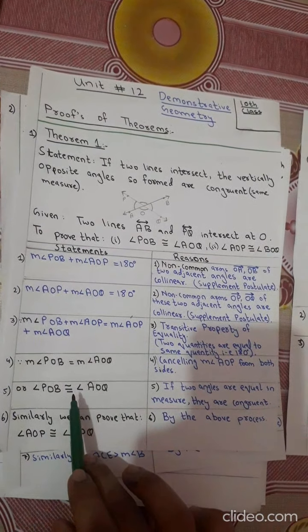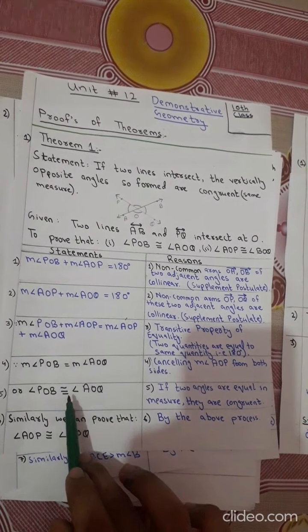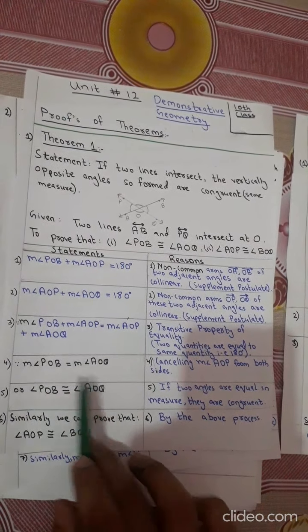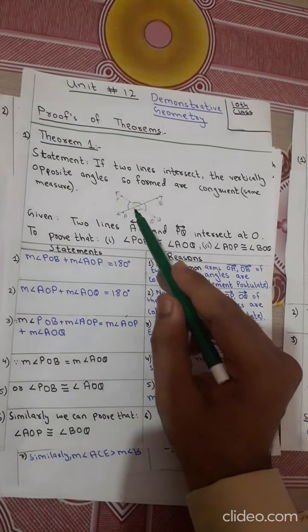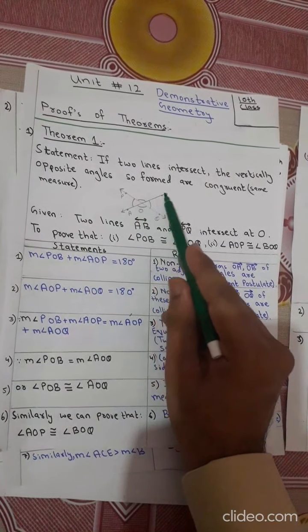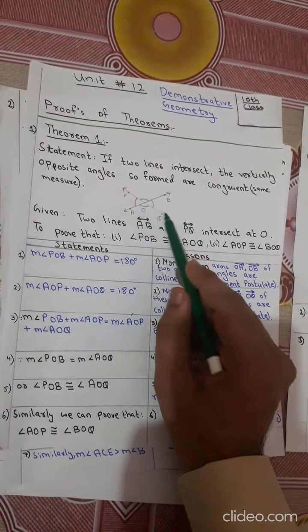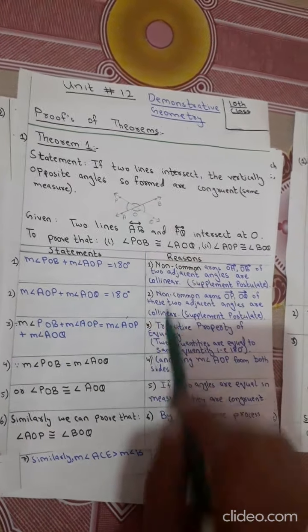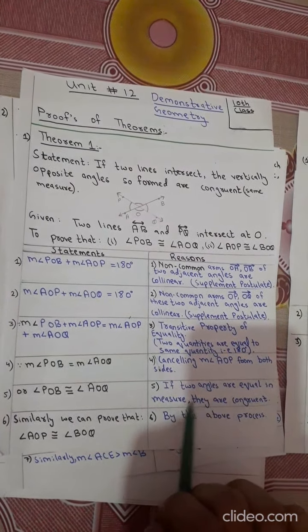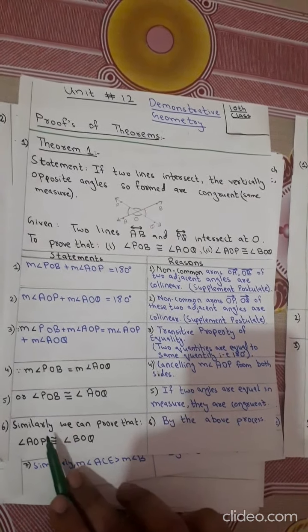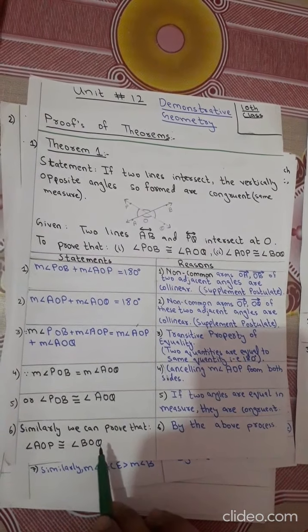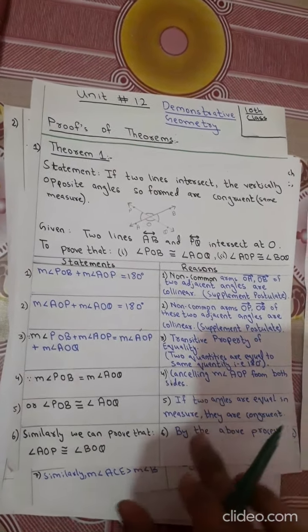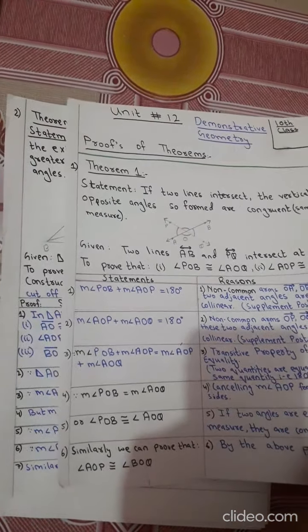So angle POB is congruent to angle AOQ, where POB is this angle and AOQ is this downward angle. If two angles are equal in measure, they are congruent. It's simple. Similarly, we can prove that angle AOP is congruent to angle BOQ by the above process. This is the proof of theorem number 1.